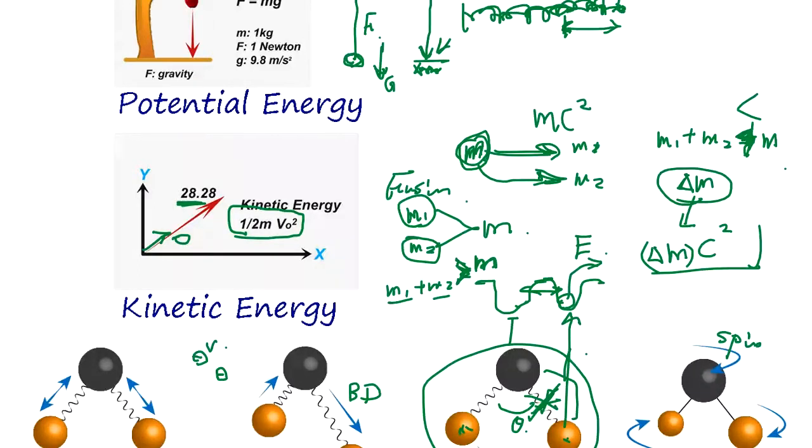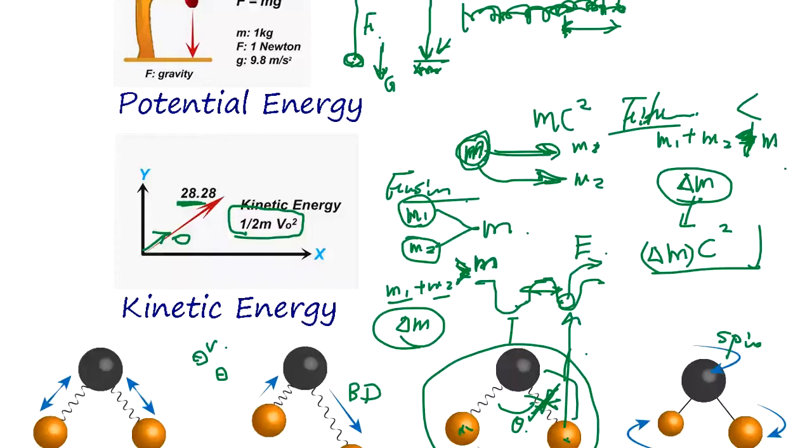So some energy is generated by the lost mass. Either way, mass is converted to energy, and that will be covered in special relativity theory at the end of classical physics.